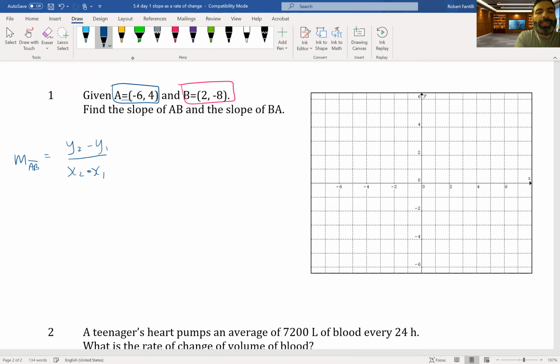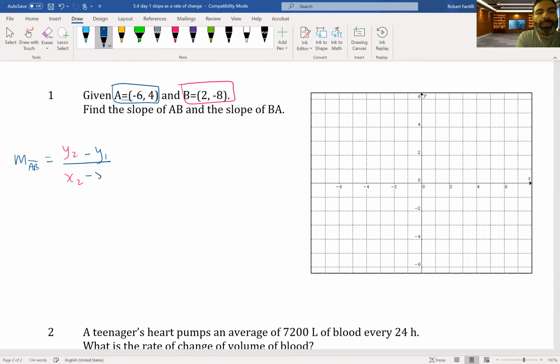Now, if I want to color coordinate this for you, let me redo that. If I want to color coordinate so you understand which coordinates I chose as my first and second, I've chosen the pink coordinates, or B, as my second set. Okay, and so obviously that's going to be y2 minus y1 over x2 minus x1.